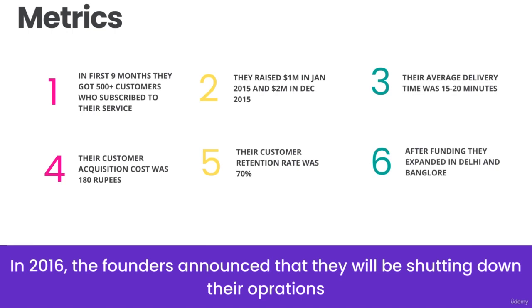Later, they went on to raise $1 million in January 2015, and then they raised $2 million in December 2015. The average delivery time was 15 to 20 minutes. Now, this was something exceptional, right? Getting food delivered at your home in 20 minutes is really great. Even if it takes 30 minutes, the customer is more than willing to pay for it. So that is how they operated.